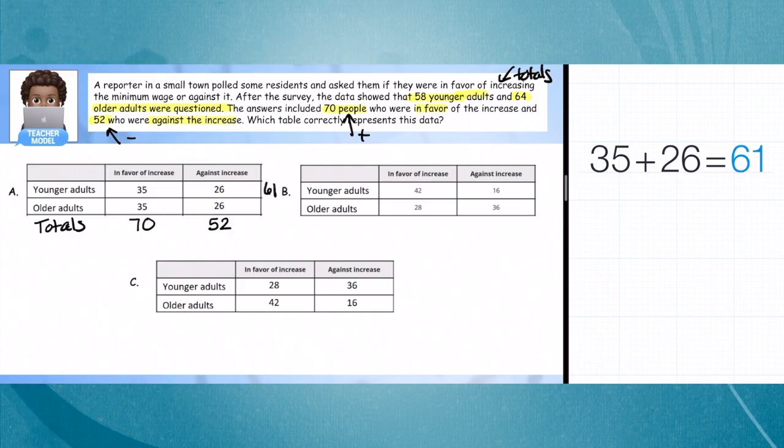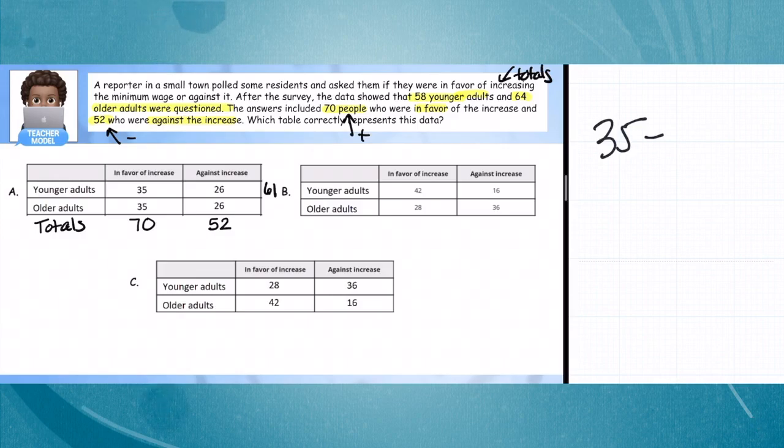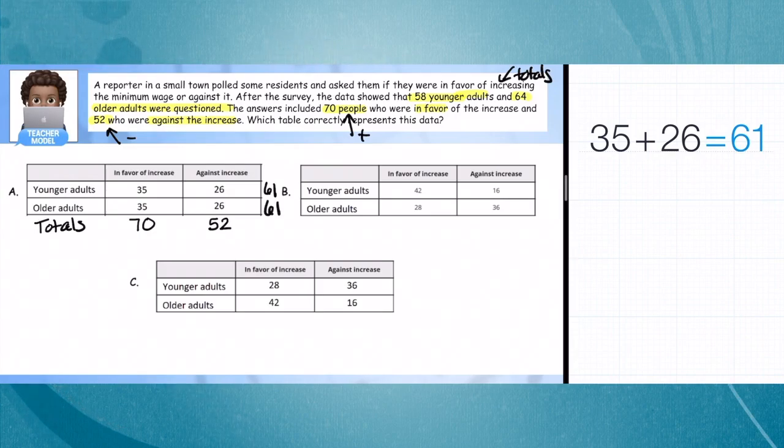So 61 younger people, and in the other direction, 35 plus 26 would also be 61. So this data doesn't match, where we are looking for 58 young adults and 64 older. So this part is right, these are wrong.